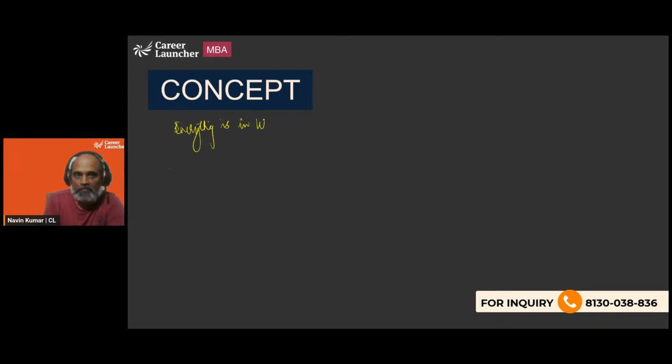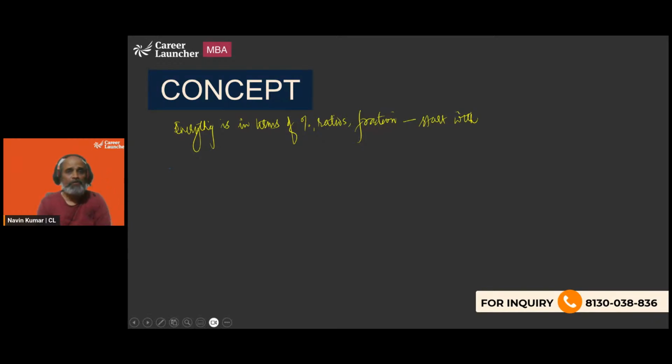or ratios or fractions, you can start with any value of your own choice. You can start with a variable, a number, or the LCM of the values.